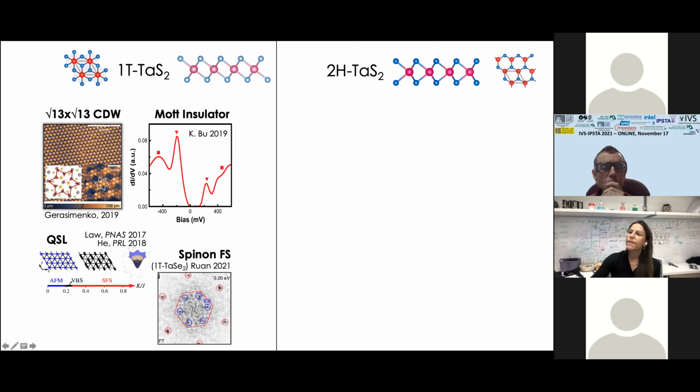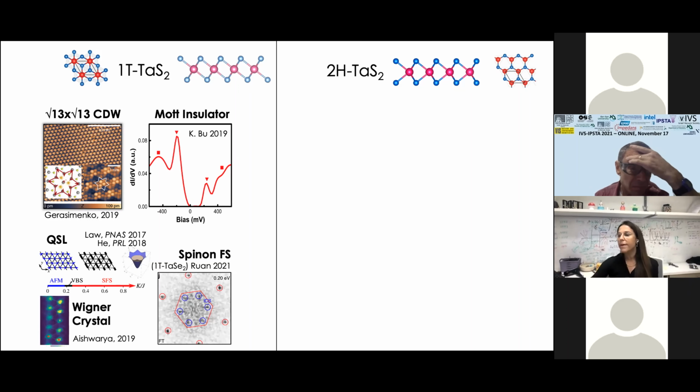And since this is a triangular lattice of charge density wave with localized spin 1/2, it was suggested theoretically that the ground state of the system will be a quantum spin liquid. And recently there was experimental evidence for this ground state, and also signatures of a Wigner crystal on domain walls in this CDW formation have been reported.